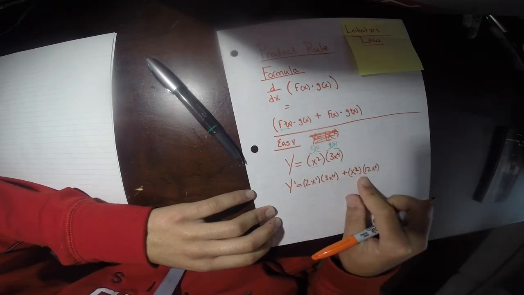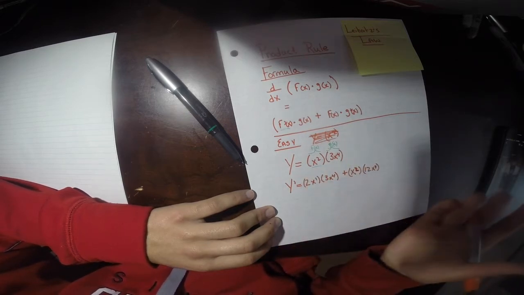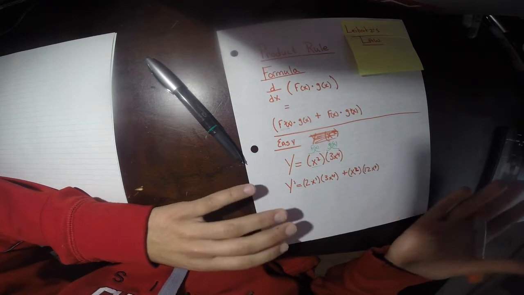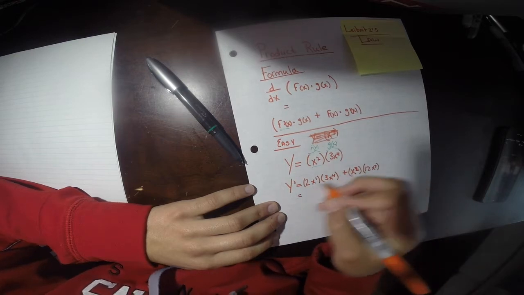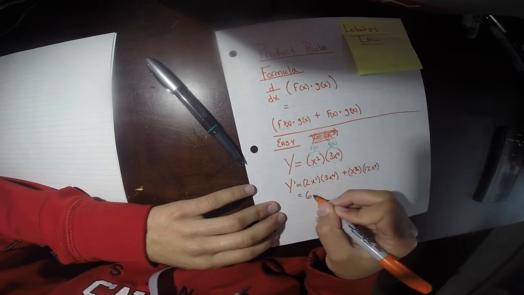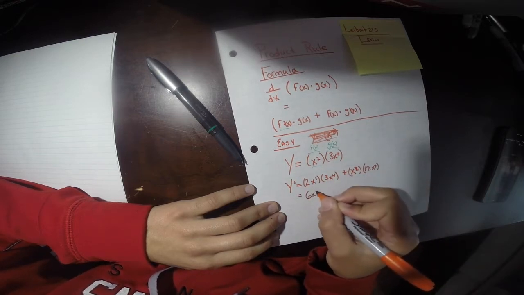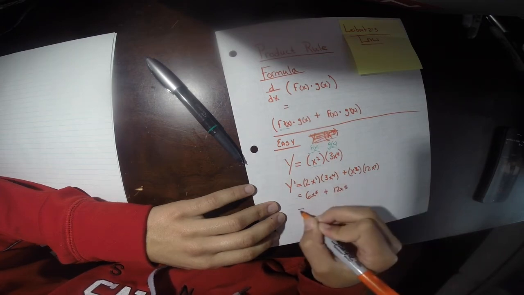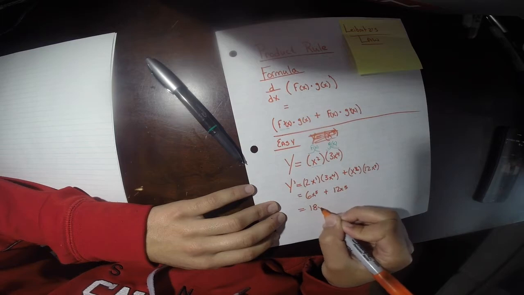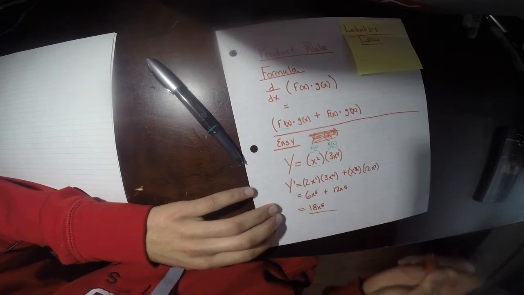And voila, there you go. You got your product rule derivative of this function. Now you can go ahead and simplify that. 6x to the power 5 plus 12x to the power 5 should get you 18x to the power 5. There's your derivative.